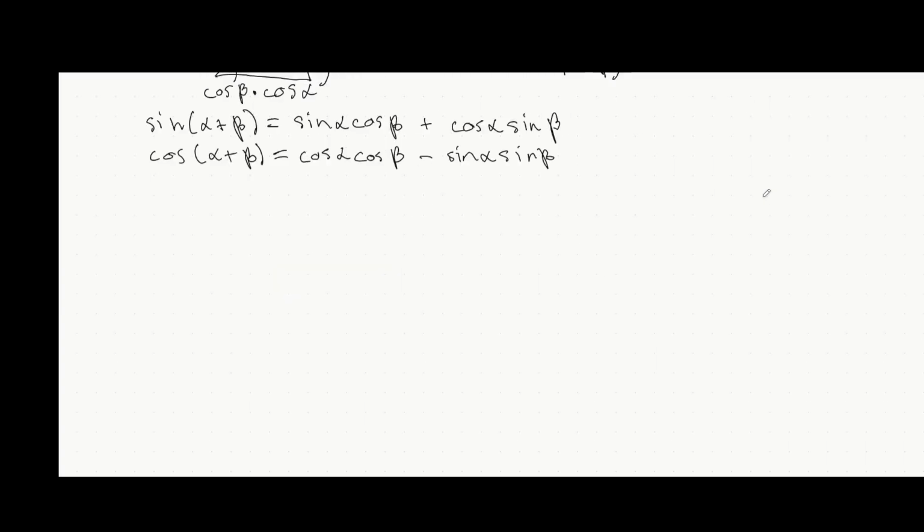So for the angle difference identities, we're going to use the same formula, but we're just going to replace beta with minus beta. So wherever we have beta, we're just going to replace it with minus beta.